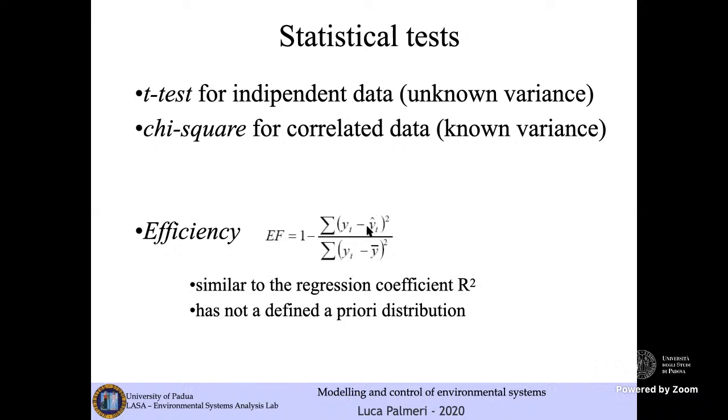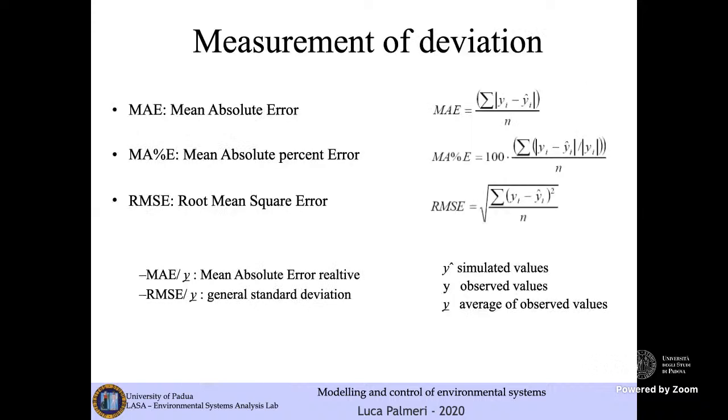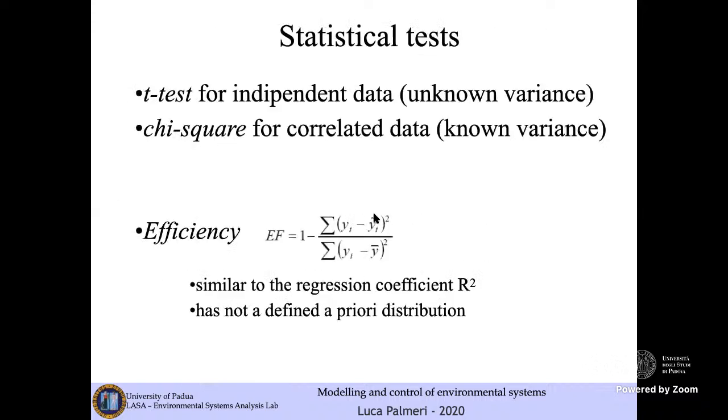So if my model produces simulated values like this one, epsilon tilde here, when I compare it with the use of the average, if the Nash and Sutcliffe coefficient is smaller than 0, meaning that this ratio is bigger than 1, this means that by employing the average of our observations, I would do a better job than by employing a complicated mathematical model for producing this calculated value.